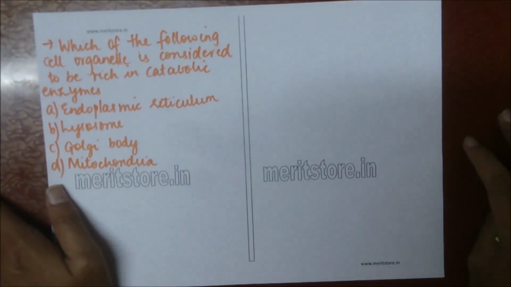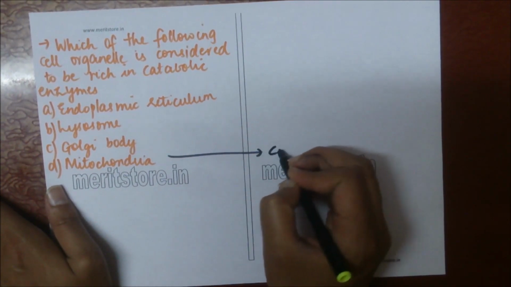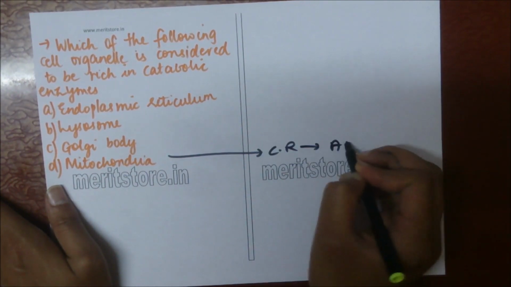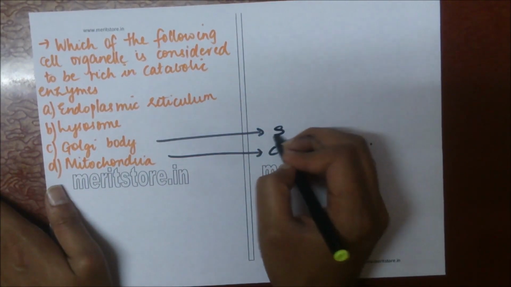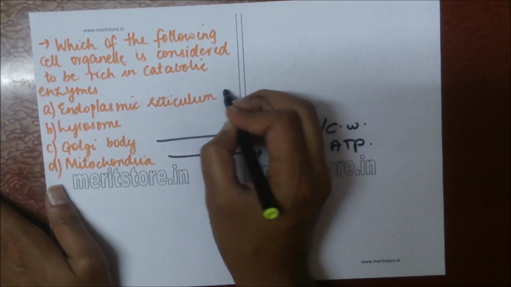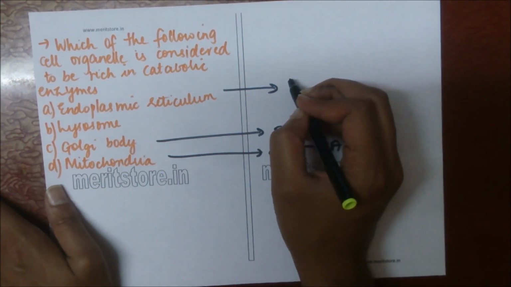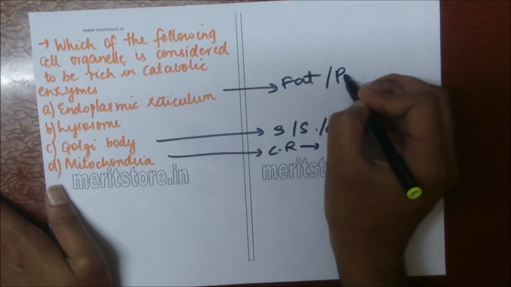The following cell organelle is considered to be rich in catabolic enzymes. A. Endoplasmic reticulum, B. Lysosome, C. Golgi bodies, D. Mitochondria. Mitochondria is involved in cellular respiration, which forms ATP. Golgi bodies help in secretion, storage and formation of the cell wall. Endoplasmic reticulum has two types: smooth helps in synthesis of fat and rough helps in synthesis of proteins.